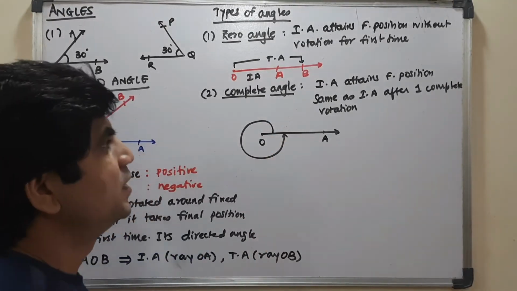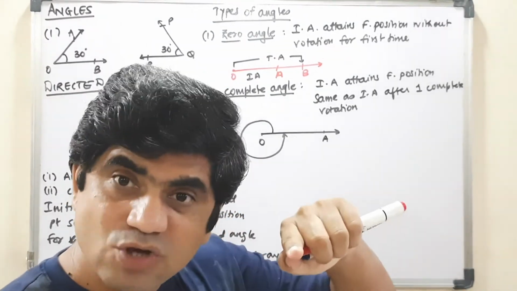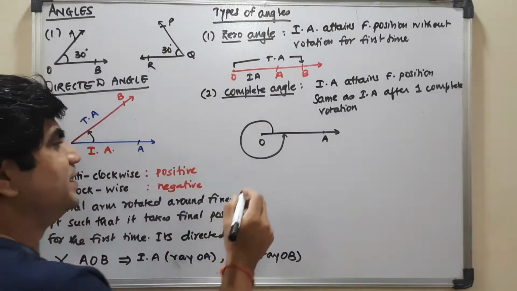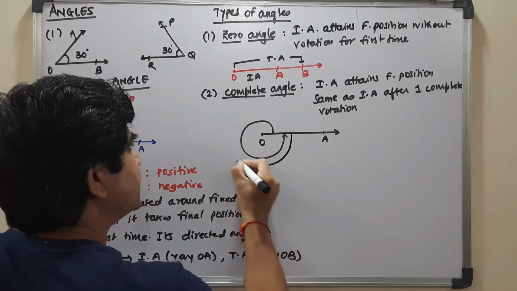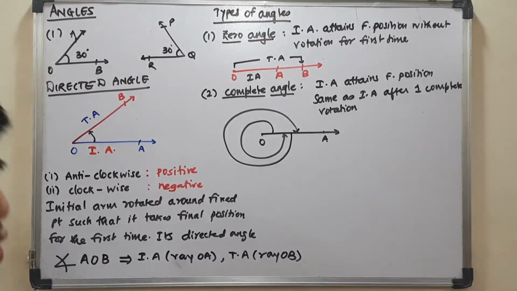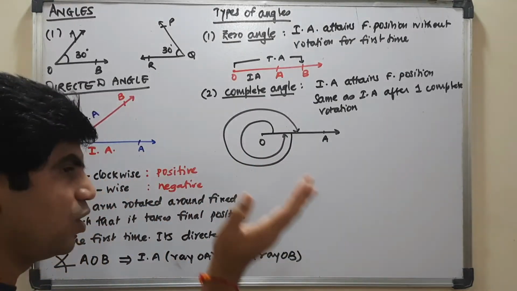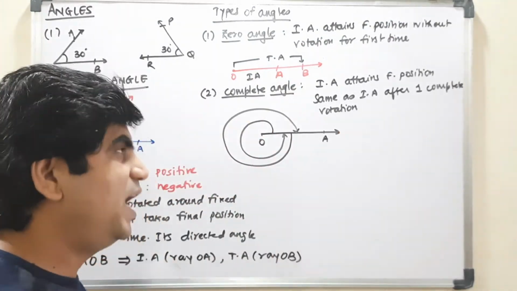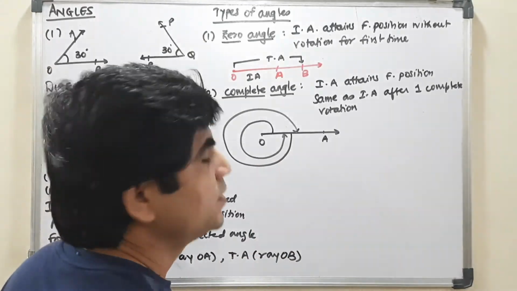That is, the initial arm position and final arm position are the same, but it is obtained after one rotation. Either this way or maybe this way also, either in clockwise or anti-clockwise. Let it go clockwise. If it goes clockwise, the angle traced will be negative. And if it goes anti-clockwise, the angle traced will be positive.